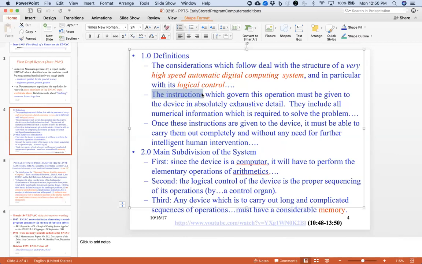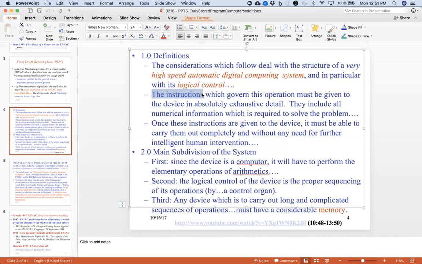So in other words, you can't talk about something that's a computer unless it is like a calculator. It needs to be able to do everything that we would expect a good calculator to do, all of the operations of arithmetic, right? And they can also do them in the proper order.